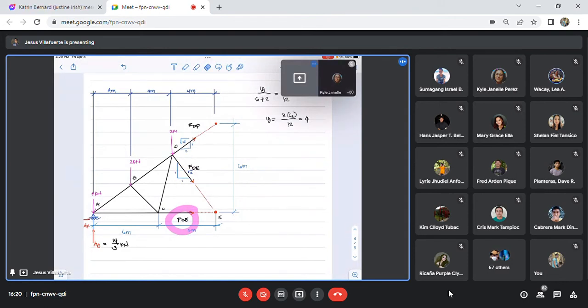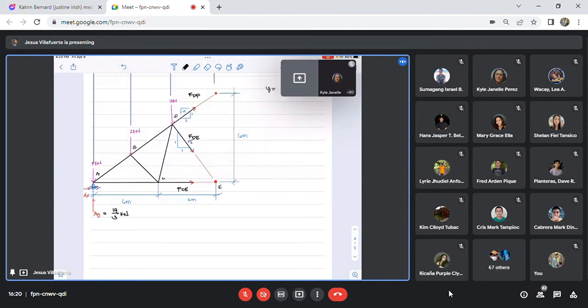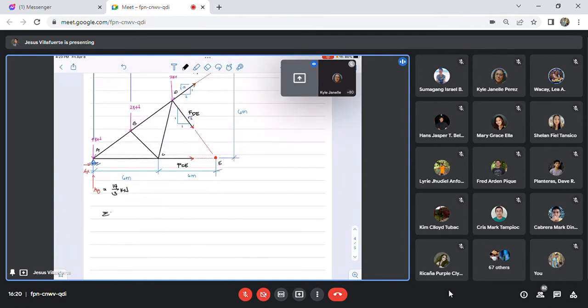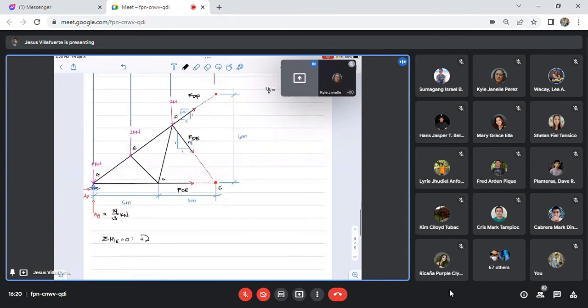Okay. So, we take summation of moments at E equals 0. Clockwise is positive. So, what are the clockwise forces? FDF, sir. But in this case, what is the moment arm of your FDF?